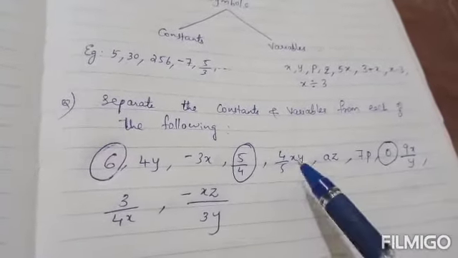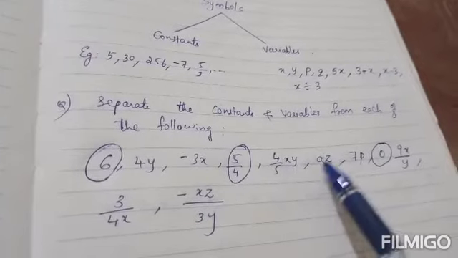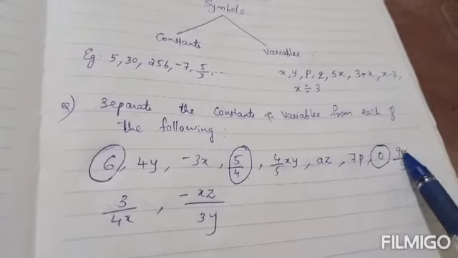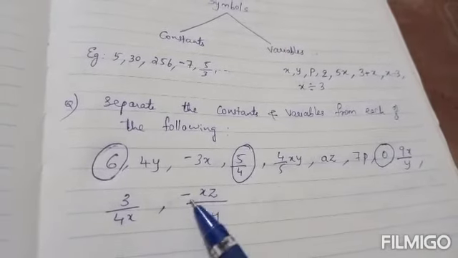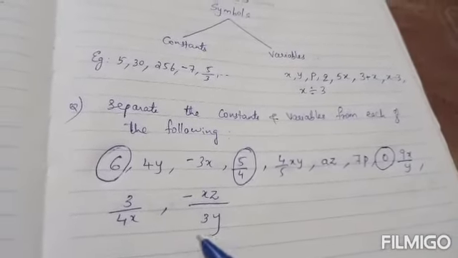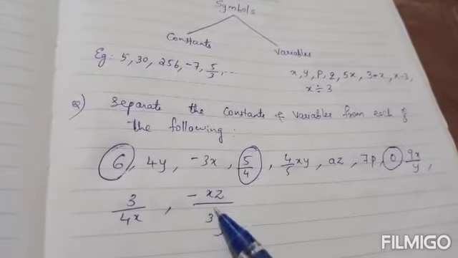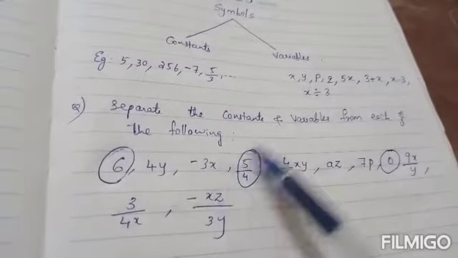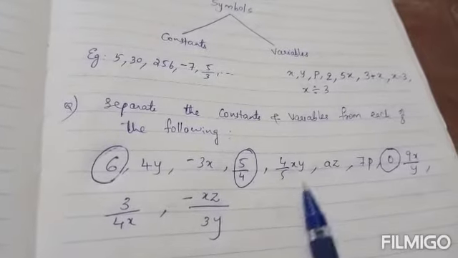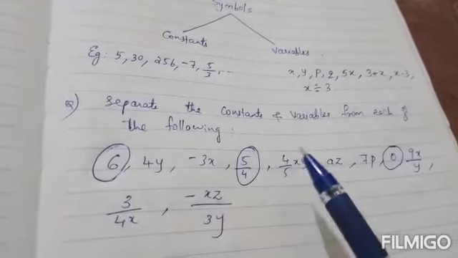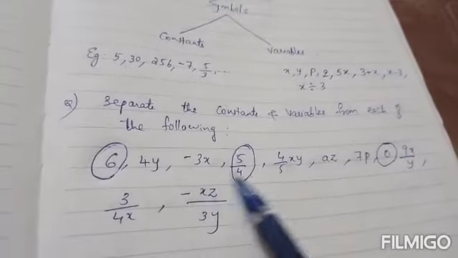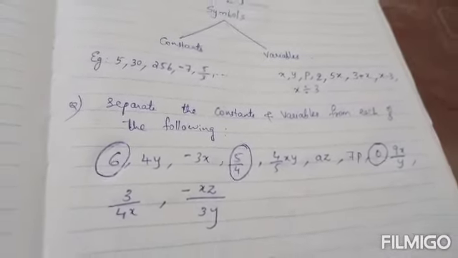Next 4 by 5 xy, az, 7p, 9x by y, 3 by 4x, minus xz by 3y. All these are combinations of constant and variable, and we know that a combination of constant and variable is a variable. So remaining all are variables.